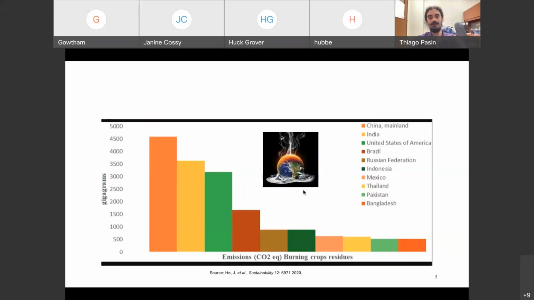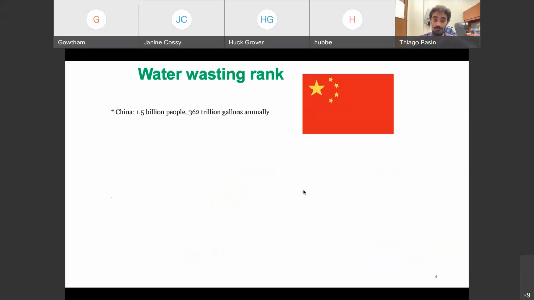China, India, the US, and Brazil are generating a lot of residues from food production. So this is a problem. We started to produce a lot of food, but we don't have alternatives for these residues.